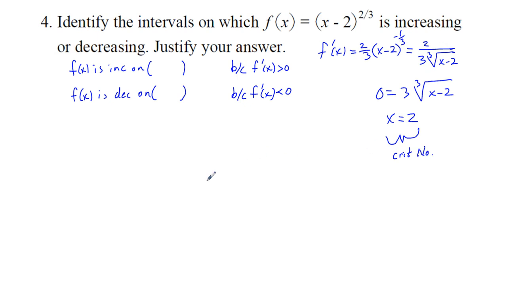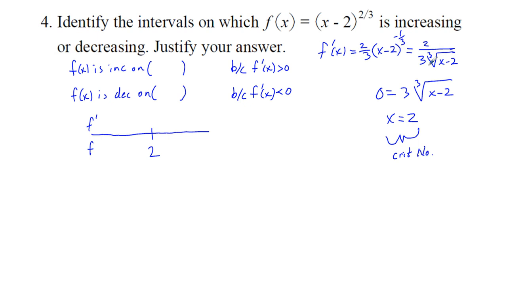Okay, next, we go ahead and set up our number line with our single critical number, and we're going to put f prime up above and f below. To the left of 2 we can plug in our original value, and to the left of 2 would be like 0, so we would have 2 over 3 times the cube root of negative 2.